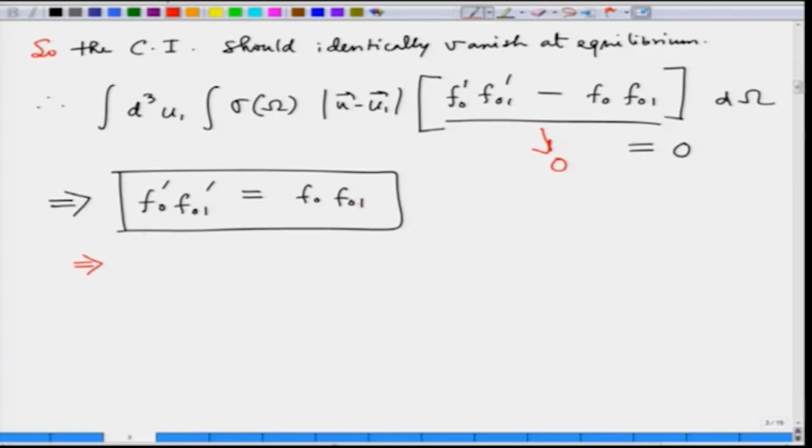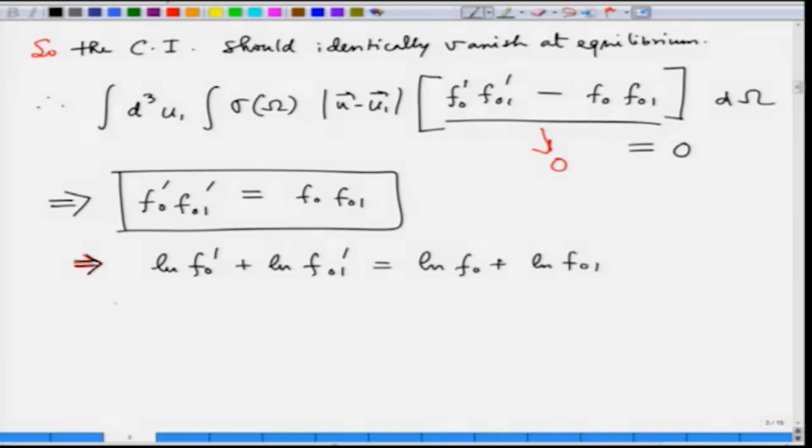And then if you take the natural logarithm, you can say log of f0 prime plus log of f01 prime is equal to log of f0 plus log of f01.